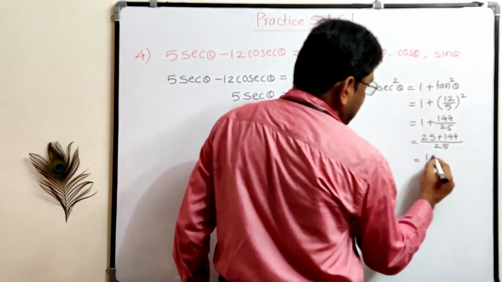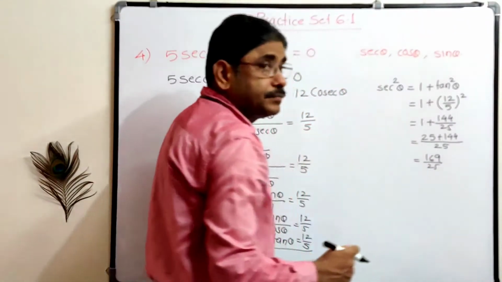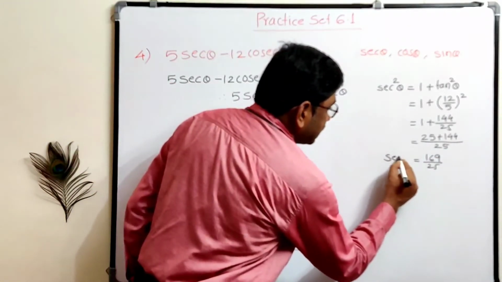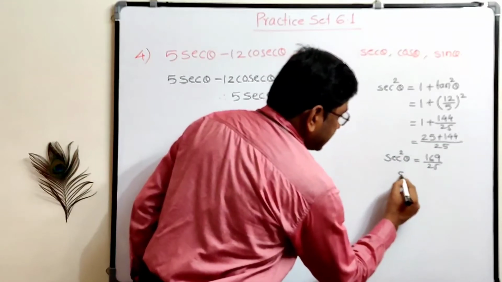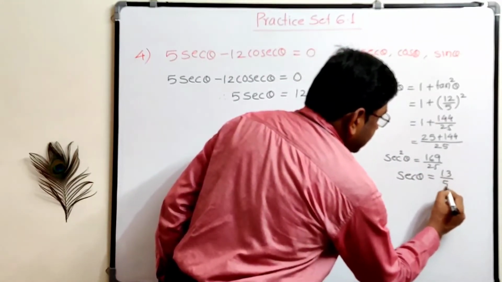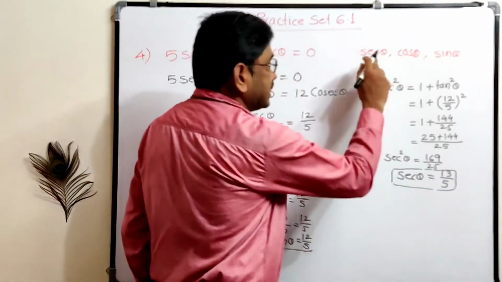So this becomes 169 divided by 25. So here it is 169 by 25. This is nothing but our sec square theta. So sec theta, take the square root of this. This is 13 by 5. So we get one of the values. This is 13 by 5, sec theta.